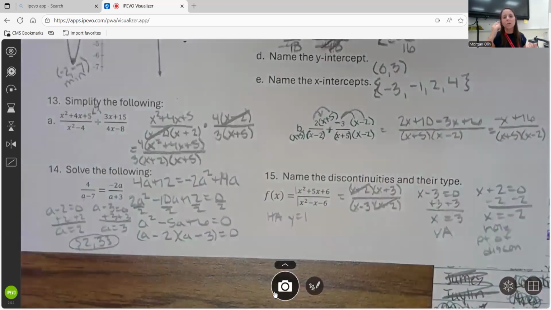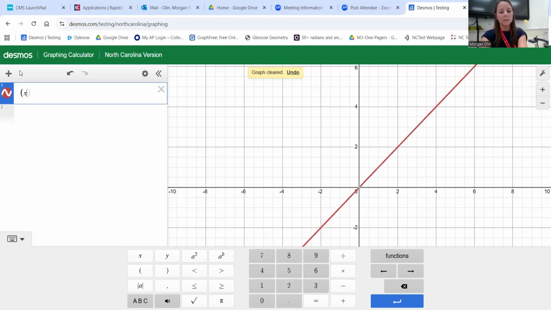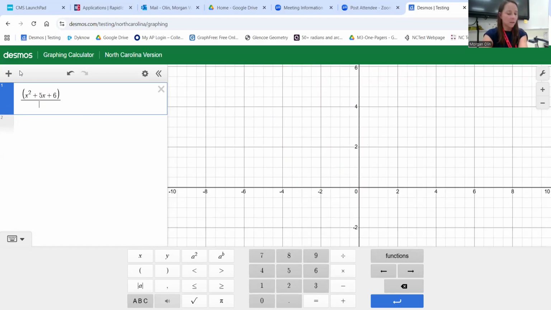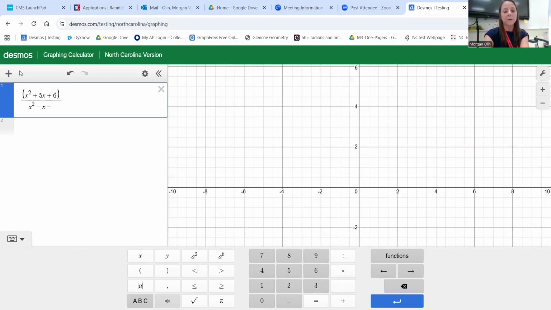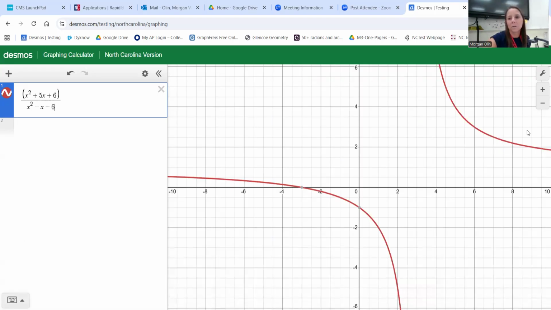Now, can you see these on a graph? Yes. If you didn't know how to factor, you can see these on a graph. So if I put the original problem in, it is x squared plus 5x plus 6, and then x squared minus x minus 6. Zoom out on it. I'm going to close the keyboard for a second.